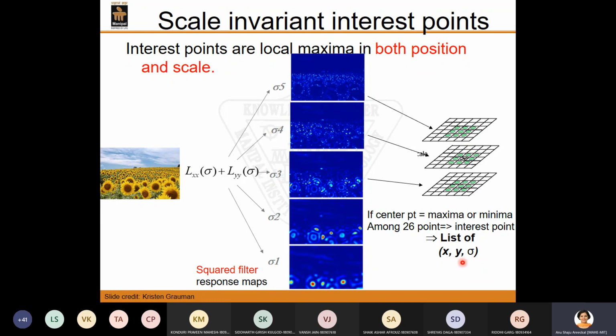It is robust, or you can say invariant, to position as well as scale. That is why we call it a scale invariant interest point, because even if the scale changes or the size of the blobs changes in an image, the LoG operator would still be able to detect the presence of the blob-like structures. And then a list of x, y, and sigma is obtained after this particular stage. So we have a list of interest points in the form of x, y, and sigma.